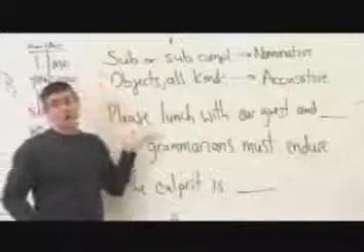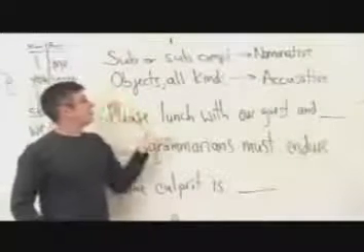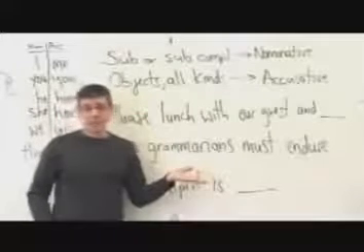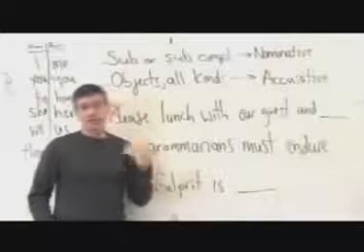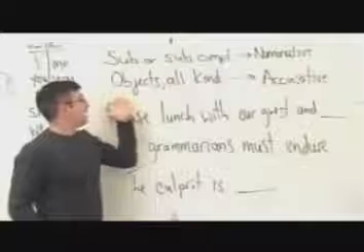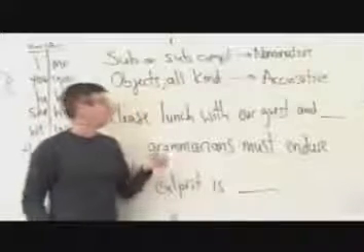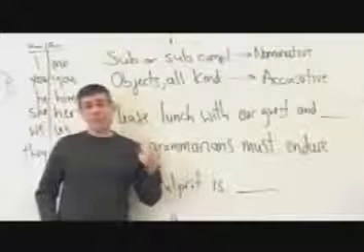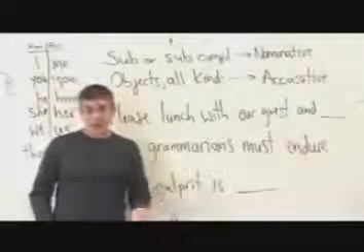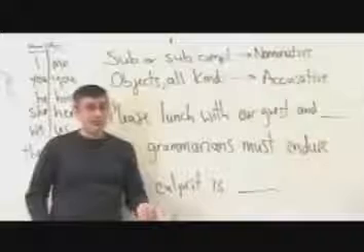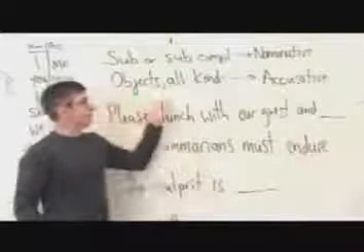If the pronoun is going to function as a subject or a subjective complement, use the nominative case. And if it's going to function as any kind of an object, whether the object of a preposition or a direct object or an indirect object, any kind of object, you use the accusative case.